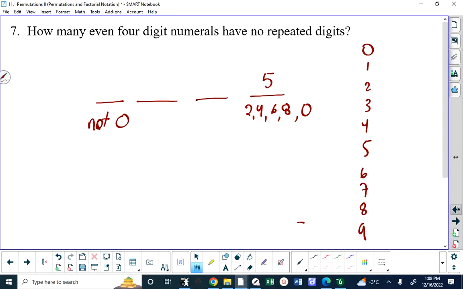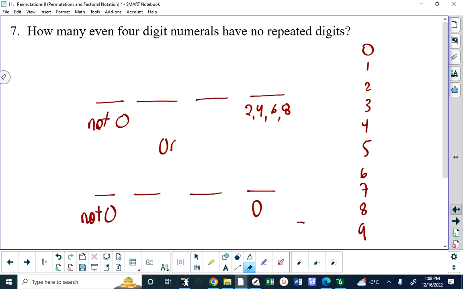And the only way out of this is to do the following. The only way out of it is to find the number of even 4-digit numbers that do not end in a 0, and to find the number of even 4-digit numbers that do end in a 0 and add them together.